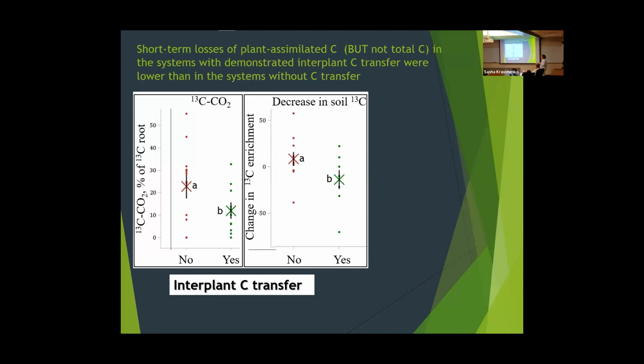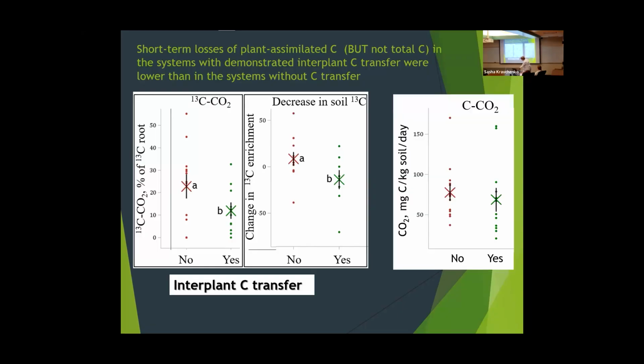And the same was consistent with direct measurements of 13C in the soil. The losses were bigger in the plant systems with no carbon exchange, and somewhat smaller when there was carbon exchange. So you might say, well, maybe they already had differences in their organics, or maybe CO2 in general is affected.